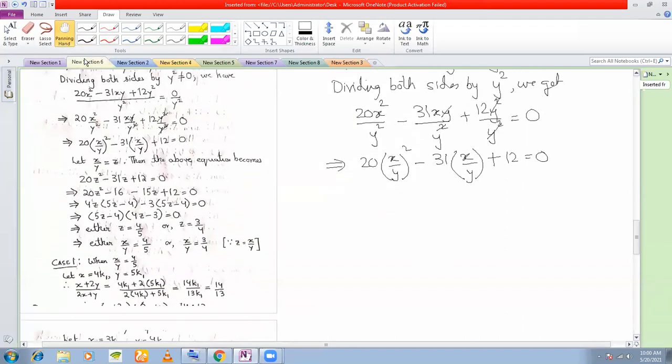Now see, we are getting a quadratic in x by y. If I put x by y equal to z, what do we get? 20z² − 31z + 12. So we are getting a quadratic in z.